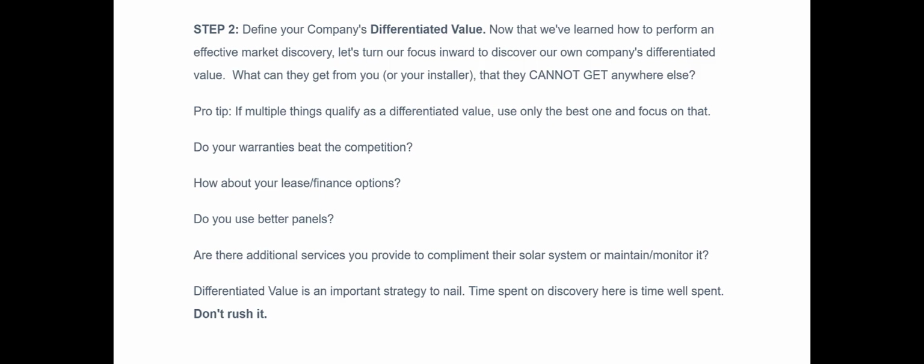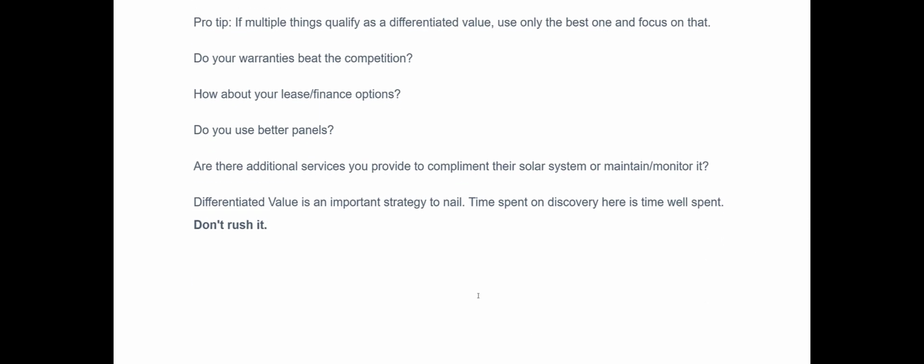So do you have the best warranties? Do you have the exclusive lease option in the area? Do you use better panels? Like, can they only get the panels with you? Any additional services? Like, do you have a maintenance package where you check on the system once every 24 months, and that becomes a unique differentiated value for your company?